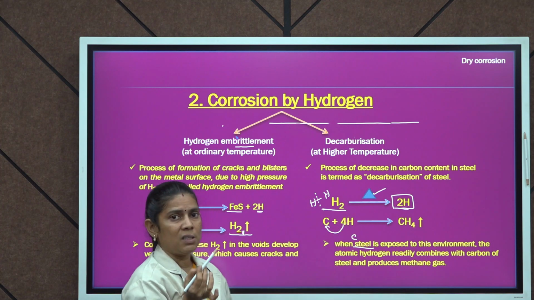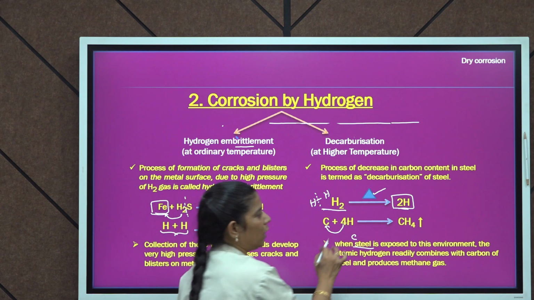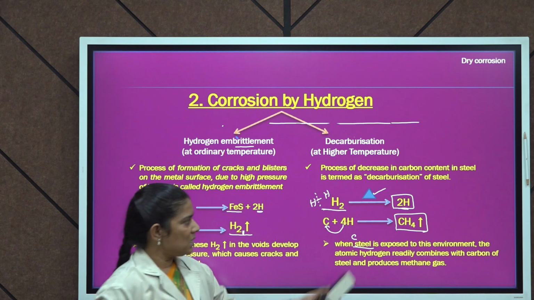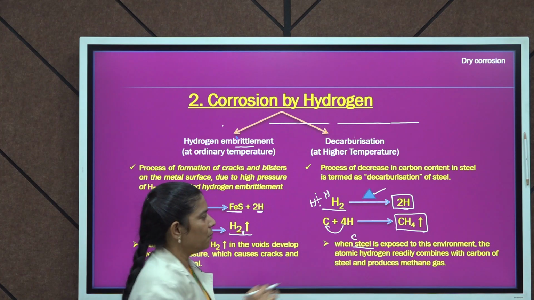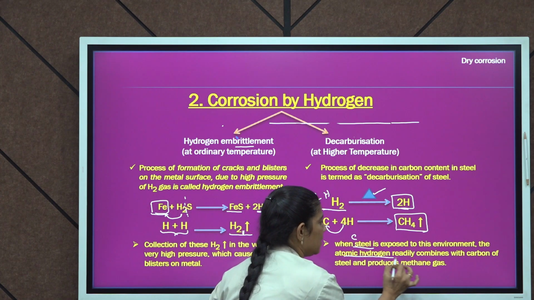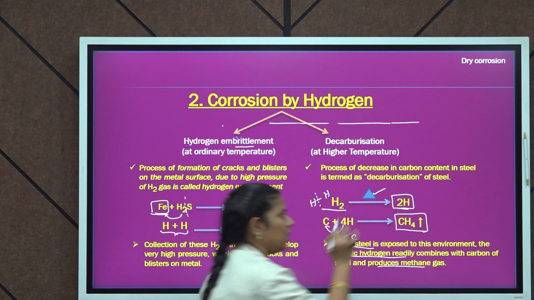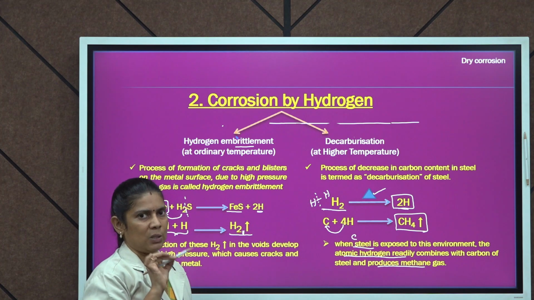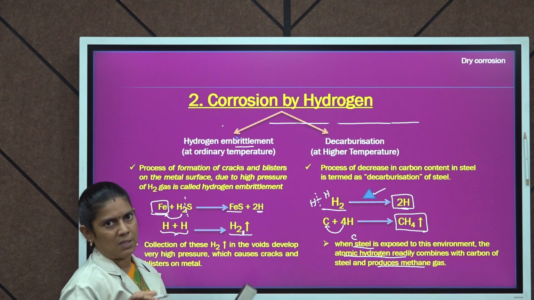The atomic hydrogen reacts with the carbon and produces methane gas. As a result, cracks or blisters occur on the metal surface.